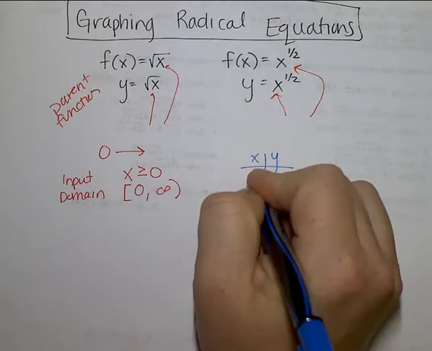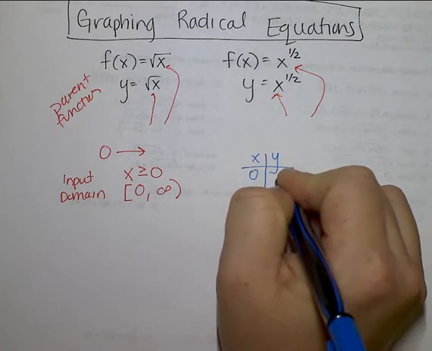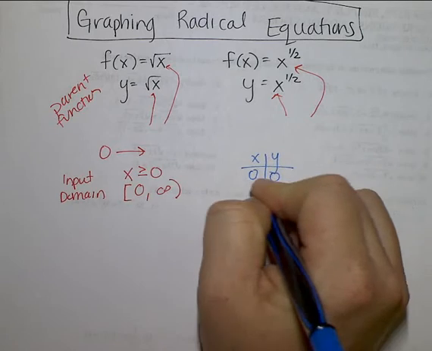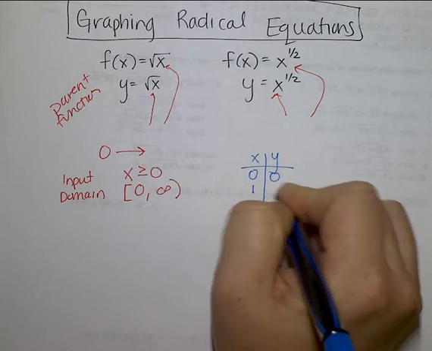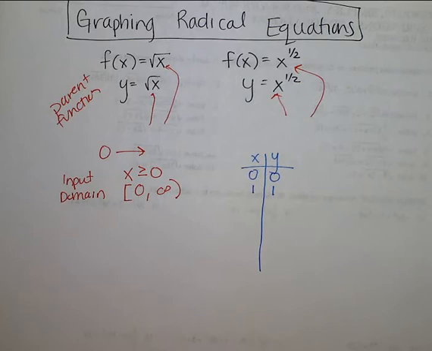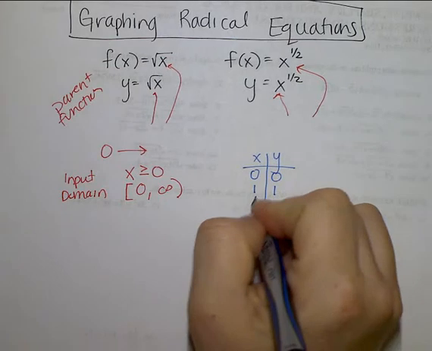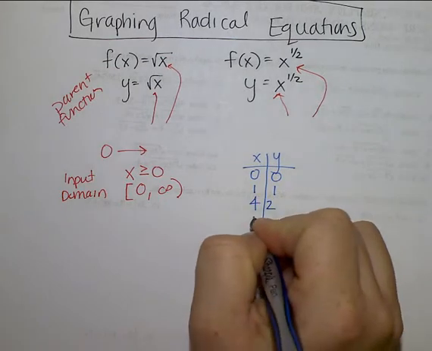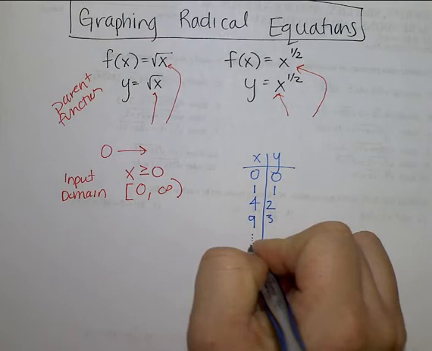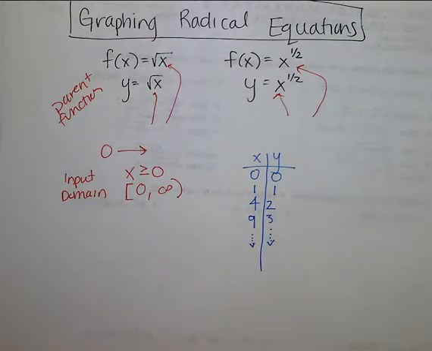So I've heard you say that when you plug in 0, you get an answer of 0. When you plug in 1, I already heard the answer is 1. Remember, 2 and 3 exist, but they're not pretty, they're decimals. So what's the next one I can plug in and you already know the answer of? 4 goes with 2. Let's go a little faster. What's the next one? 9 with 3. And it doesn't stop, it keeps going, but realize that our graphs are not going to be this large, so this works out just fine.